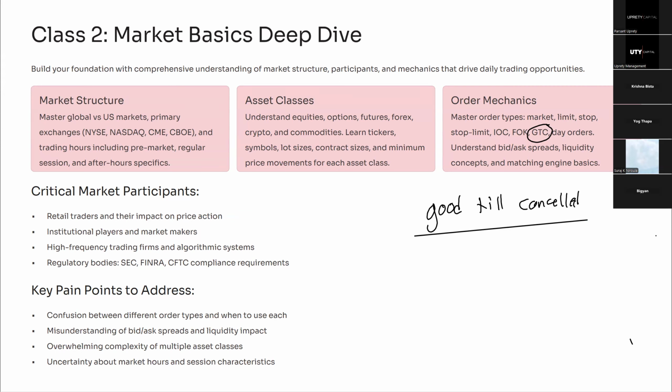Whenever you want to swing a trade and you want to set a stop loss, you will set a GTC order, or a good till canceled order. Whenever you're day trading, you don't have to place this. You can just do a day order. But whenever we are swing trading, typically we will do a GTC order.